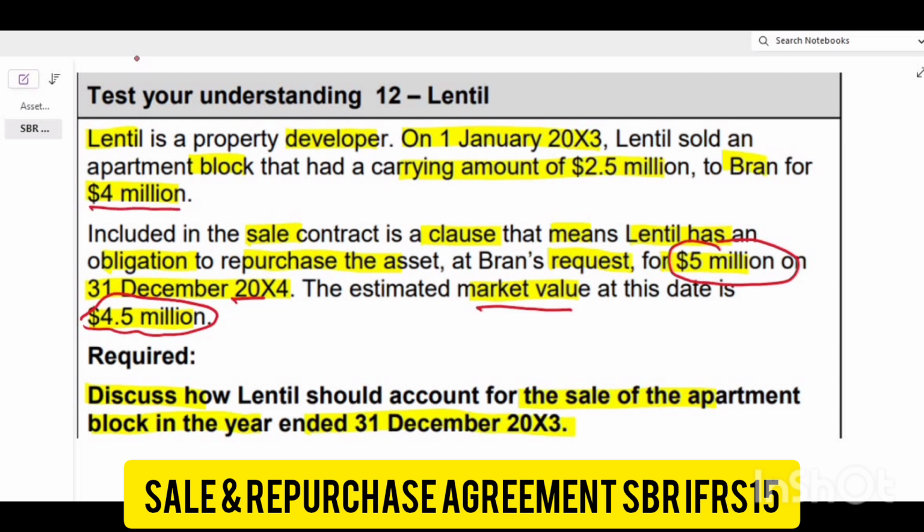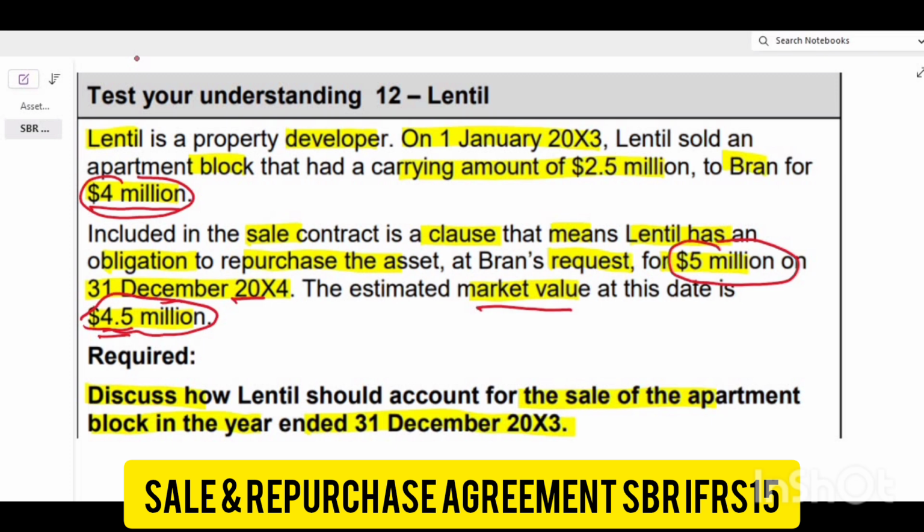The estimated market value of the asset on 31st December 2004 was 4.5 million. So the repurchase price of 5 million is higher than both the original selling price and the market value of 4.5 million.